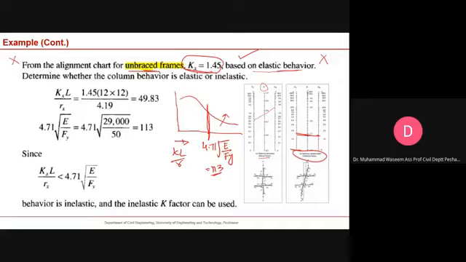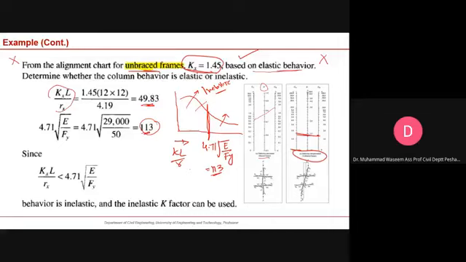But if the value is less than 113, then the column is in the inelastic range. This is inelastic. So this KL by r value is 50, which is less than this one. So our column is behaving in the inelastic range.